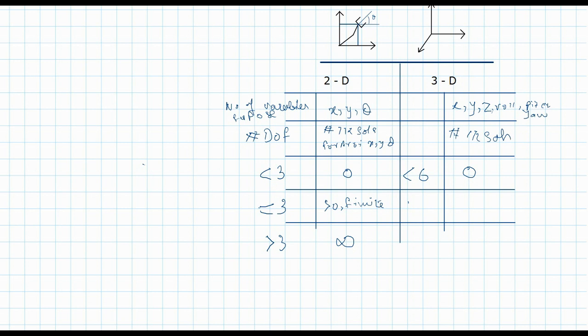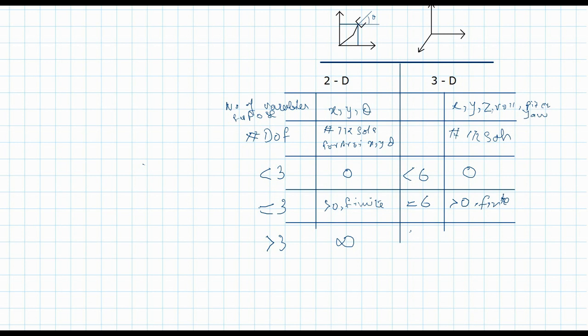If it has exactly 6 degrees of freedom, there will be some workspace where the number of inverse kinematic solutions would be greater than 0, but there would be a finite number of possible solutions.